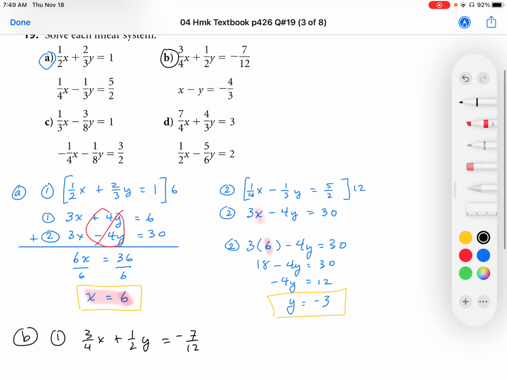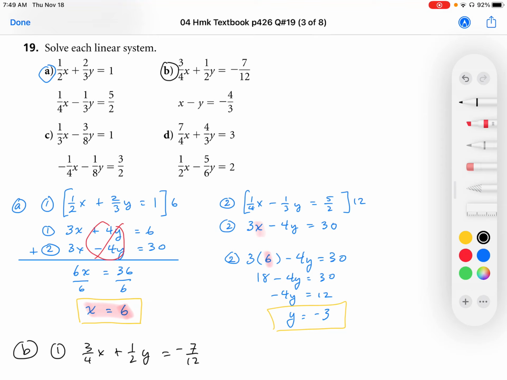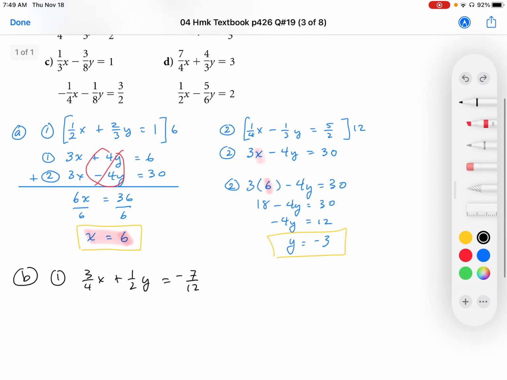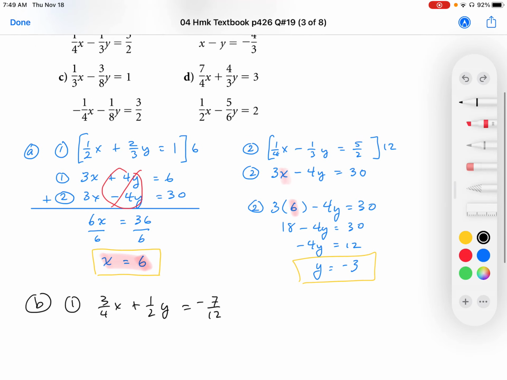So again, this one here, if you want, you could work with the fractions and you can see that these two are easily related. So I can maybe double equation 1 to match the coefficient y on equation 2. But again, if we want to just get rid of the fractions, we can.